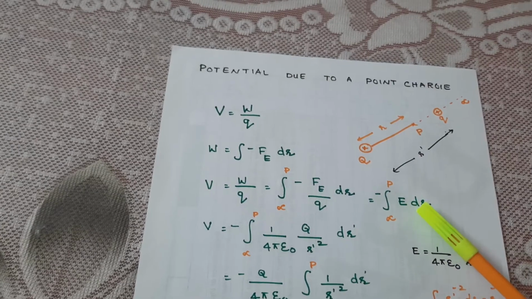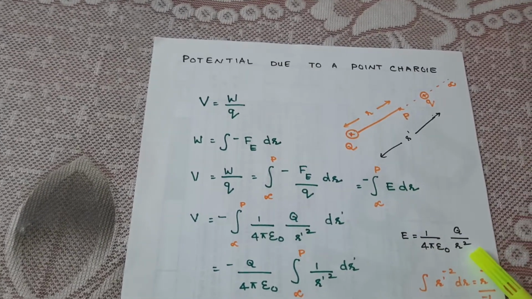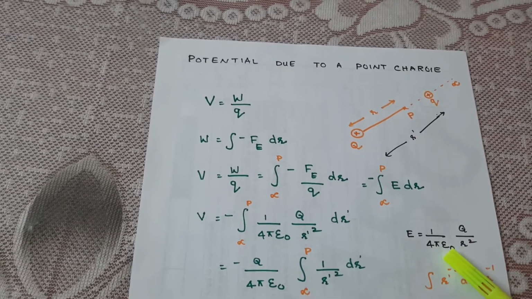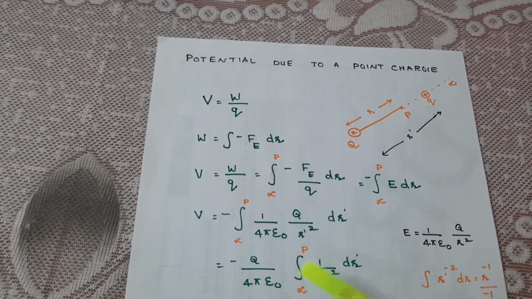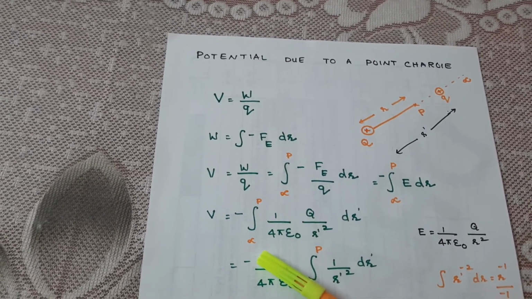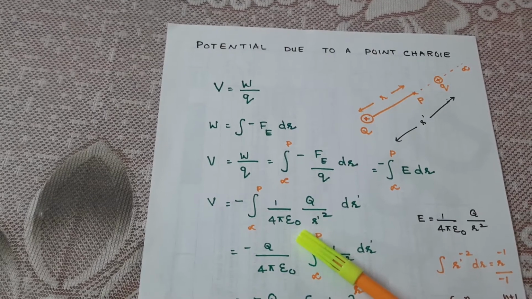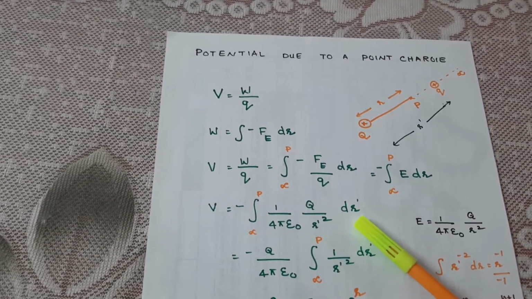So, E dr. The electric field due to a point charge is 1 by 4 pi epsilon 0 Q by R square. Therefore, V is equal to minus the integral from infinity to P of 1 by 4 pi epsilon 0 Q by R dash square dr dash.